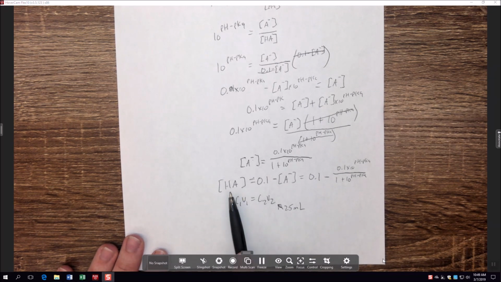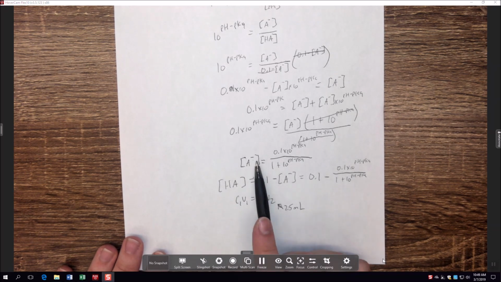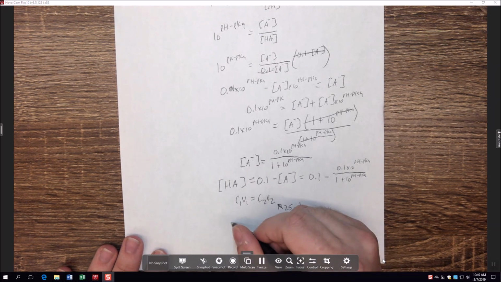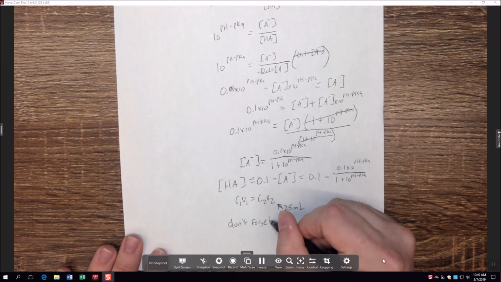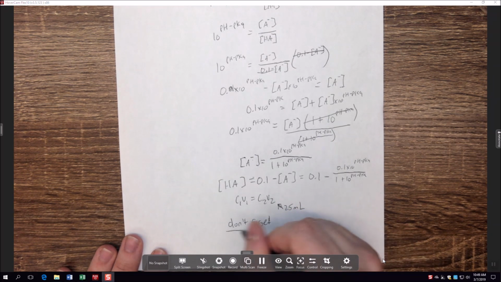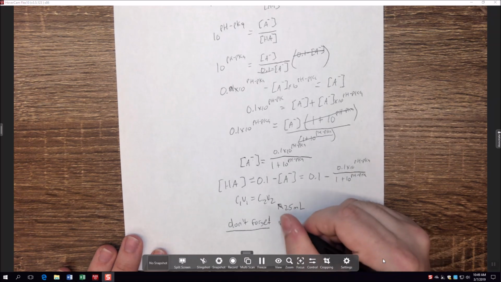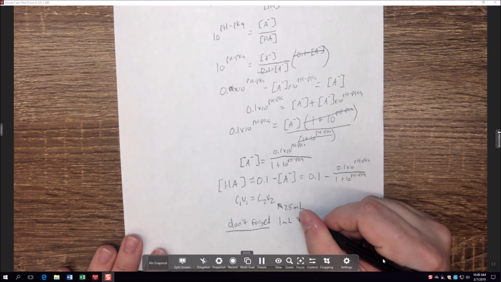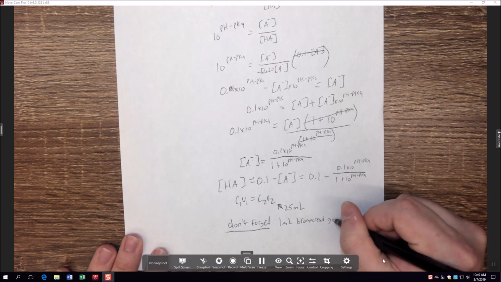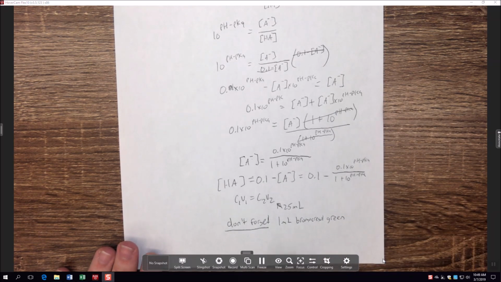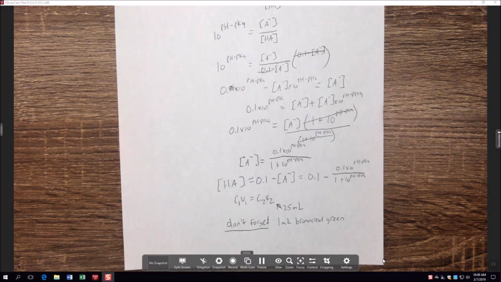So you'll have some amount of acetic acid, some amount of sodium acetate, and then the most important part is, please don't forget, your 1 milliliter of bromocresol green. It's really important that you add the 1 milliliter of bromocresol green before you fill the volumetric flask to 25 milliliters. Otherwise, you won't have an appropriately 25 milliliter solution.